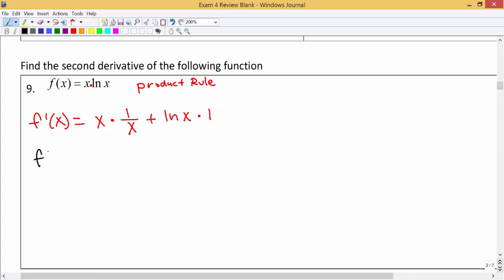So we clean this up a little bit. X is like x over 1. We multiply these two factors together, we get 1. Plus, in the second term, ln of x times 1, of course, is just ln of x.